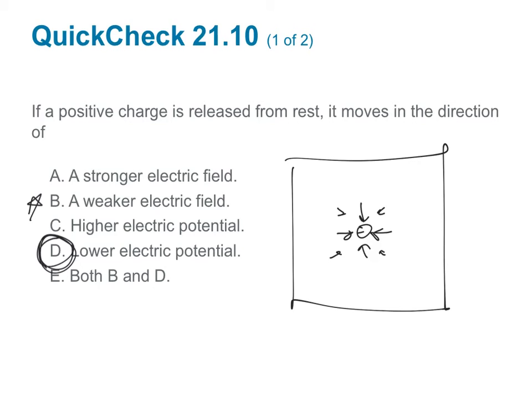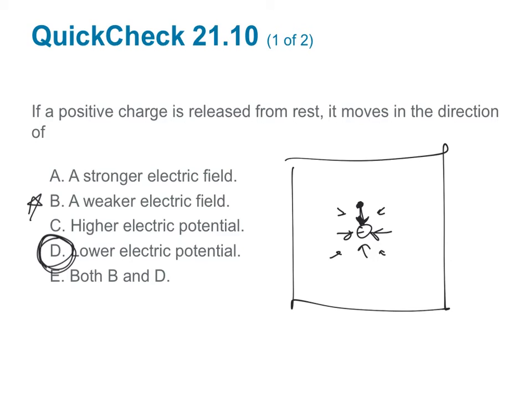So we have a point charge that is right here. It's going to move towards the negatively charged particle, because the field is defined as the force at that point. So it just moves in the direction the field is pointing, not specifically to somewhere where it's weaker.